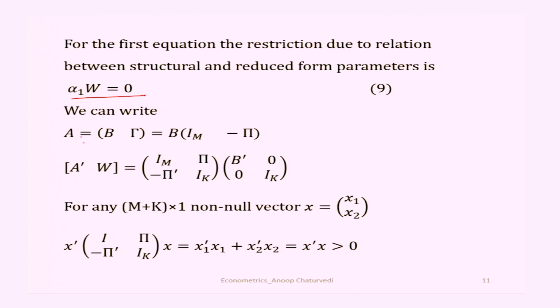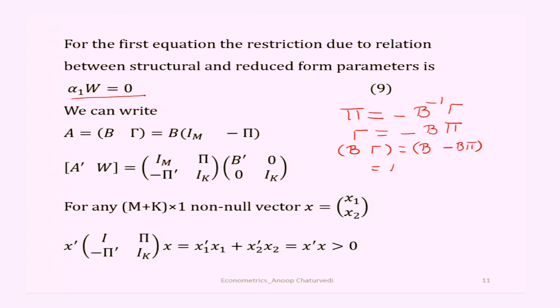Now, we can write A equal to B gamma, and then pi is equal to minus B inverse gamma, or you can write gamma equal to minus B pi, and then you can write B gamma equal to B minus B pi.